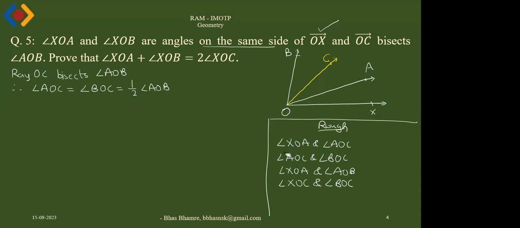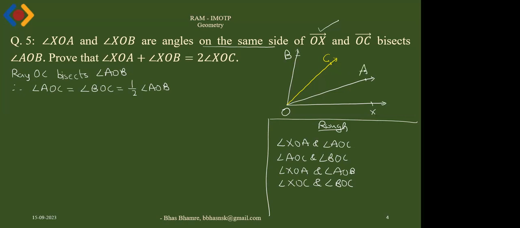Got it? So it doesn't matter whether A goes over here or B comes over here. Suppose I am changing, then this would be A and this would be B, but ray OC remains the same because it bisects angle AOB. I hope you got this.